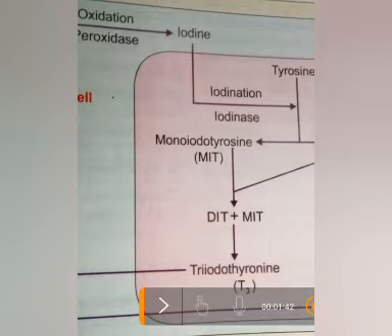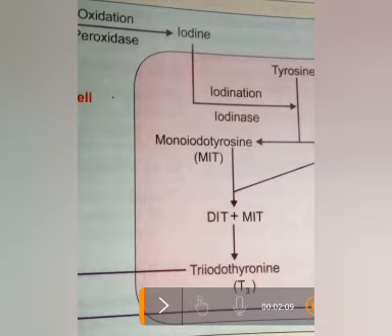Now we are going to discuss the stages of synthesis of thyroid hormone. What are the steps involved? The first is thyroglobulin synthesis, then iodide trapping, oxidation of iodide, transport of iodide into the follicular cavity, iodination of tyrosine, and coupling reaction.